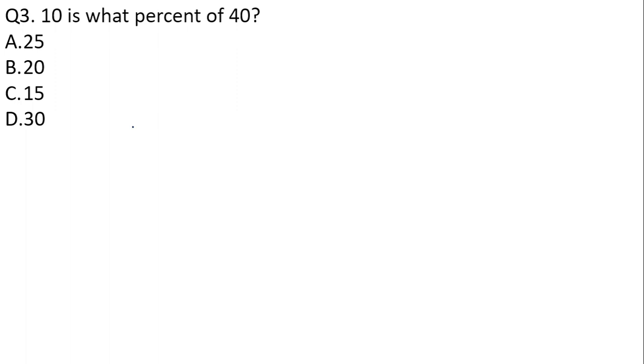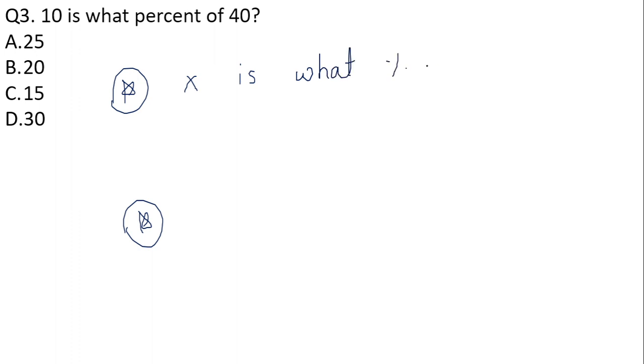Okay, so there are two statements that you are going to face whenever you study percentage or even data interpretation questions based upon the percentage. There you will also face these two statements: x is what percent of y, and the second statement is what is x percent of y.